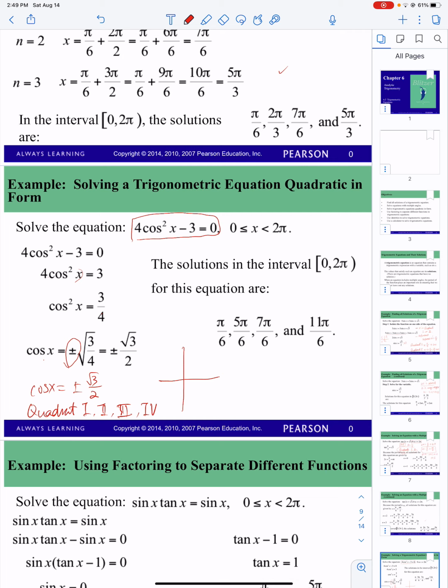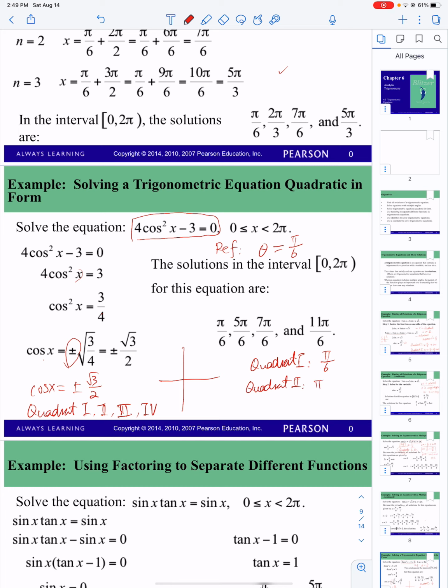So what will be the reference angle here? The reference angle theta, for square root of 3 over 2, is pi over 6. So in quadrant 1, it will be the reference angle, pi over 6. In quadrant 2, what will be the angle?